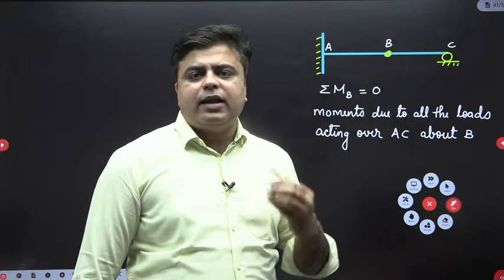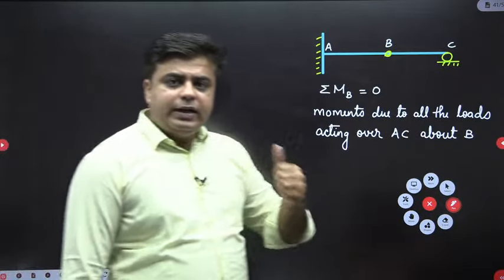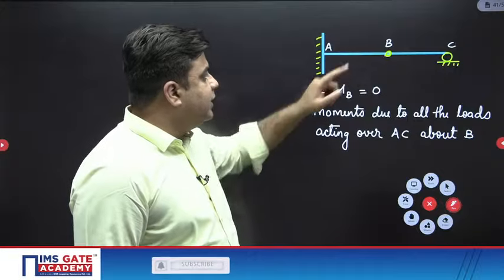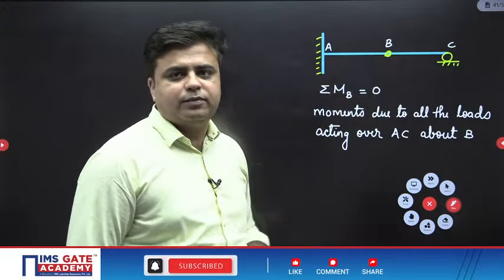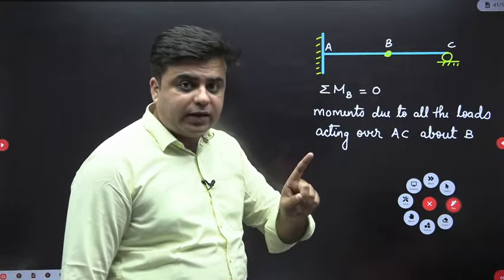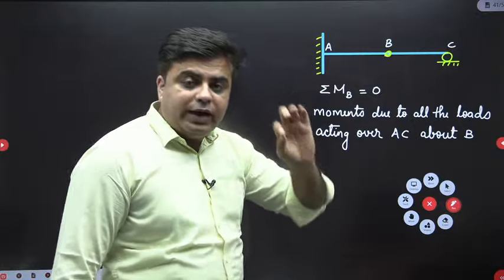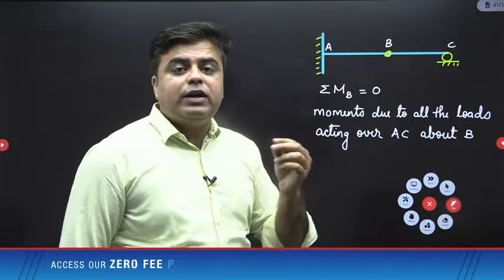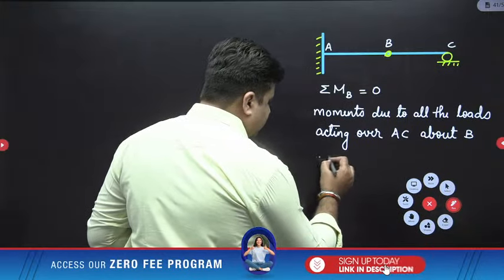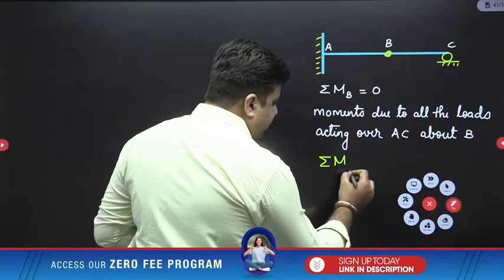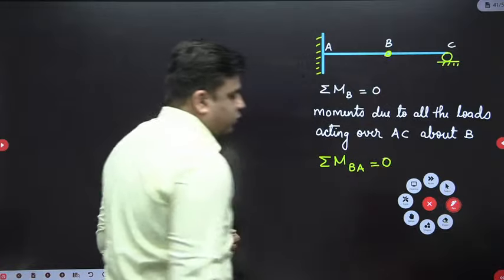But if an internal hinge is present, what is the new thing that you get? An internal hinge basically tells you that there will be no moment transfer from portion AB to portion BC. Whenever an internal hinge is present, we get one added advantage, and that advantage is this equation: summation of moment about B on portion BA equals 0.